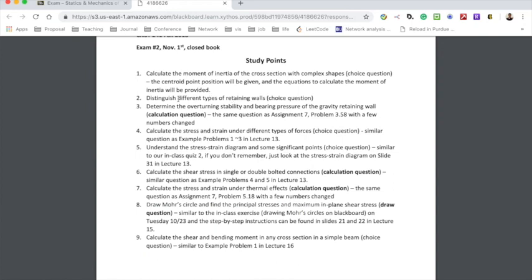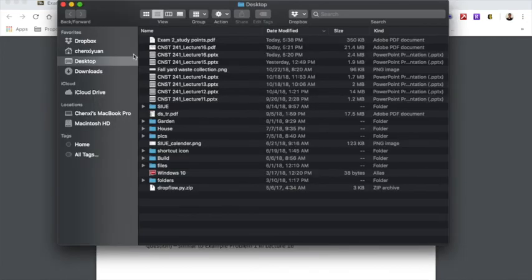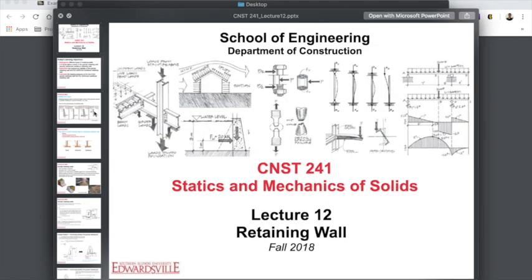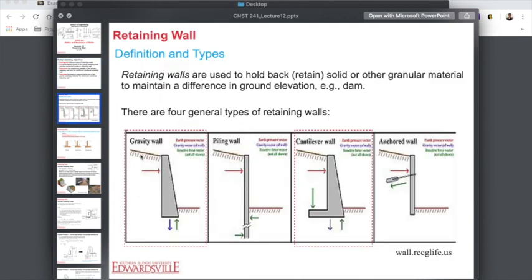Second one is to distinguish different types of retaining wall. Let me show you the lecture notes. Retaining wall, I think it is this one. So for example, I draw four pictures. I will ask you which is the gravity wall.